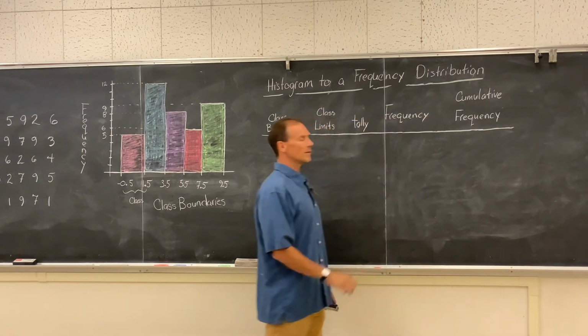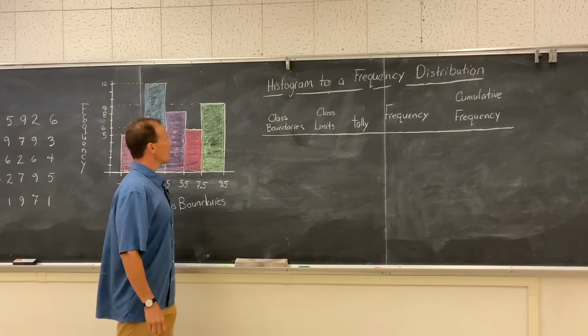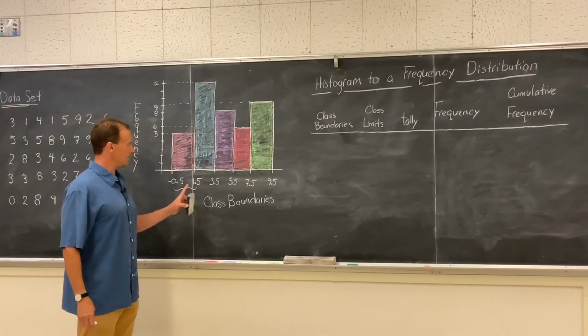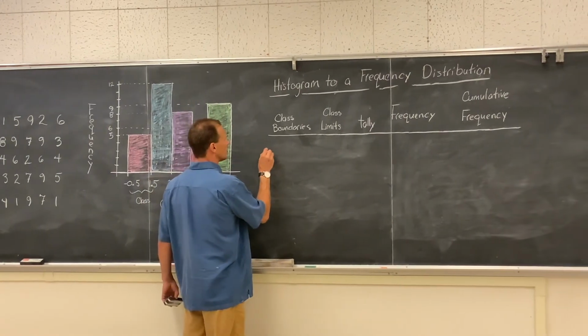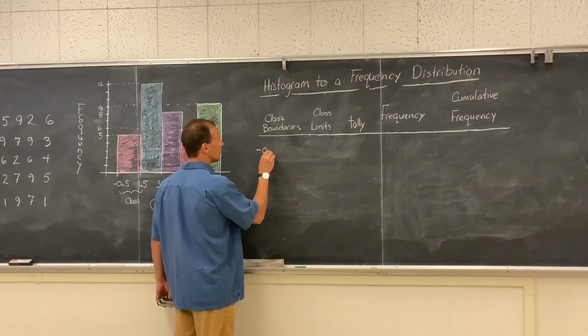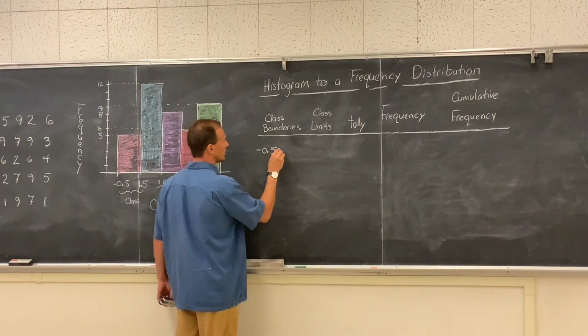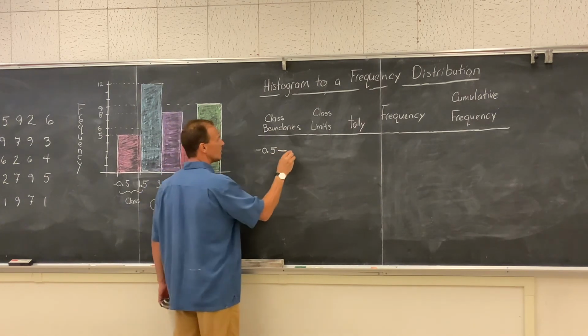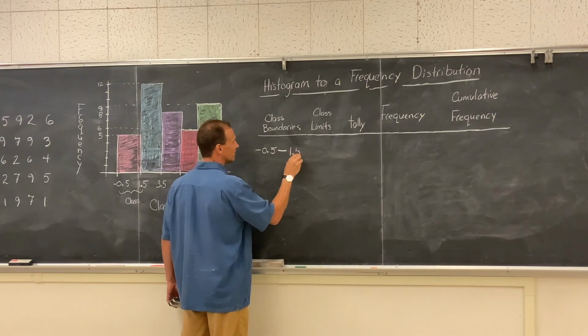All right, here we go. Our class boundaries, well, they're right here. So let's write these down. Our class boundaries are from negative 0.5. I'm going to use a long dash so it's a little different than my negative sign, to 1.5.